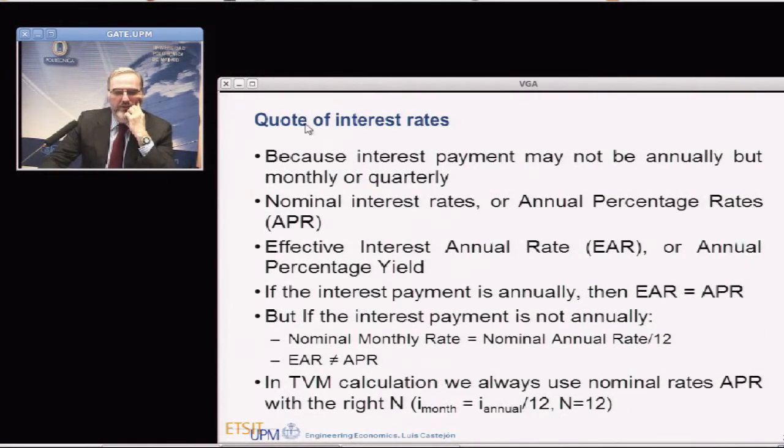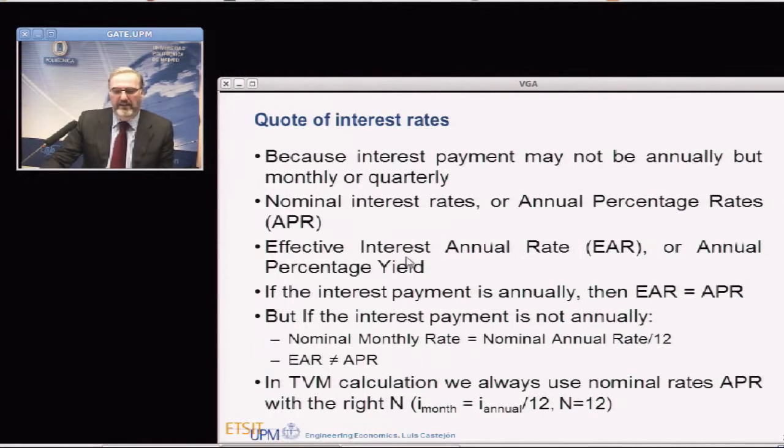How does the bank quote the interest rate? Because the interest payment may not be annual, but for example monthly or quarterly, banks use two different quotations. The first one is the nominal interest rate, or annual percentage rate as it is called in Britain. The banks are also obliged to give us the effective annual interest rate, the EIR, or annual percentage yield.